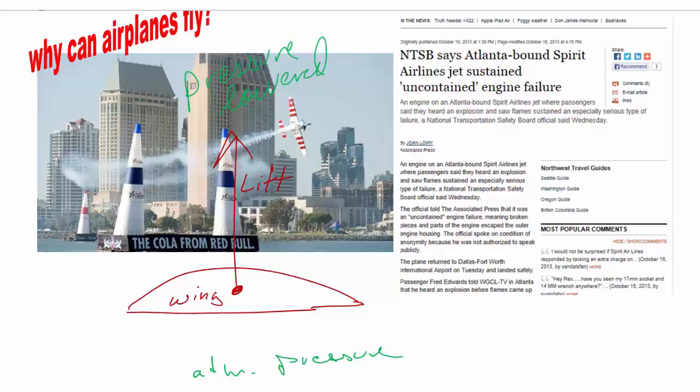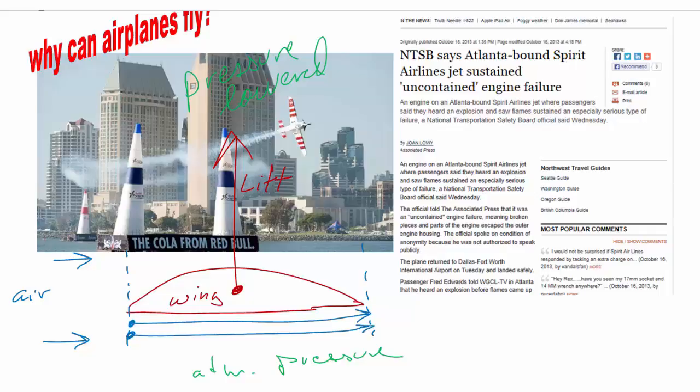Well, how is that generated? Well, the wing's traveling through the air, right? And the air has two choices. It can travel below the wing, or it can travel above the wing. If it travels below the wing, it has to go from here to here, a straight shot.